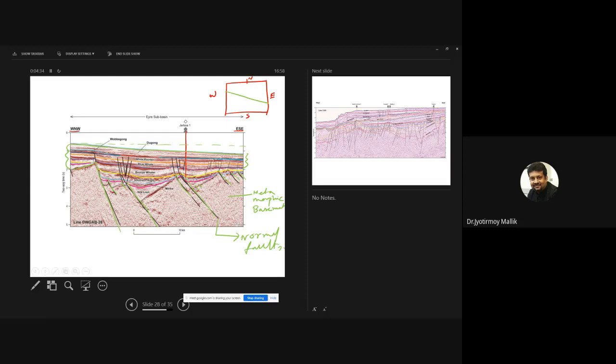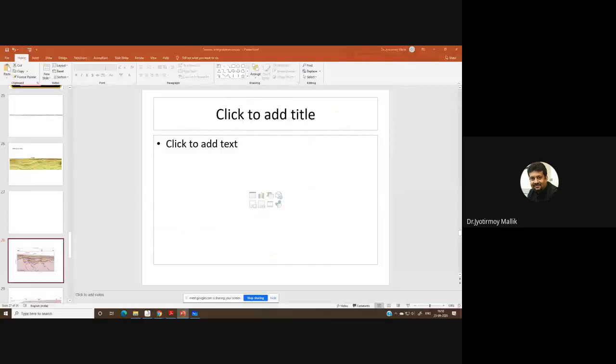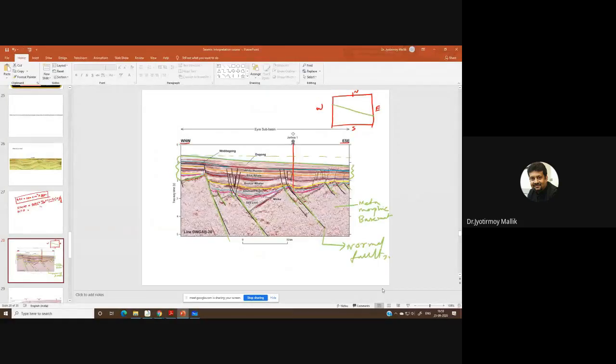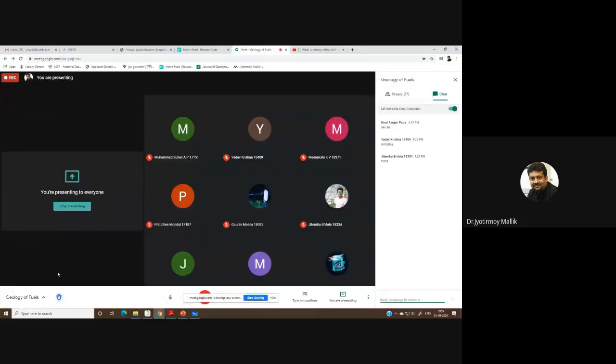Now let's test how my students remember. Third year or fourth year or fifth year, tell me anyone, what is the type of normal fault we are looking at here? Whether we are looking at a domino type normal fault or horst and graben.